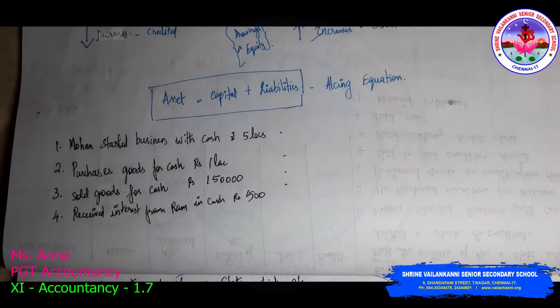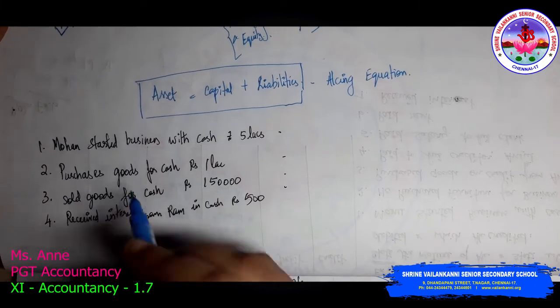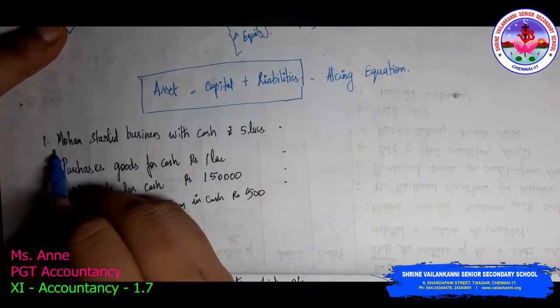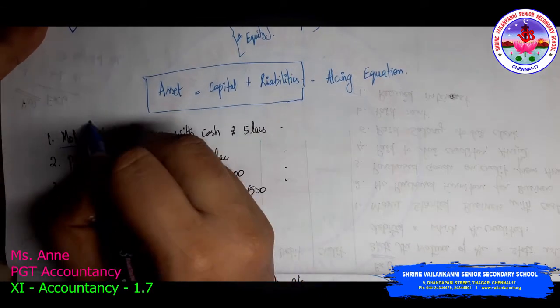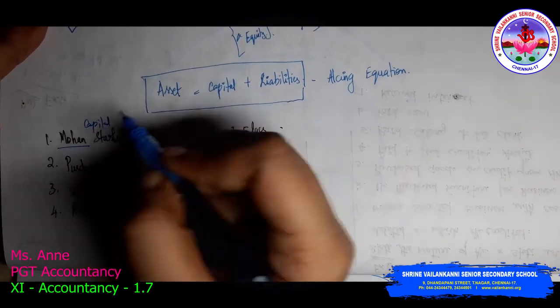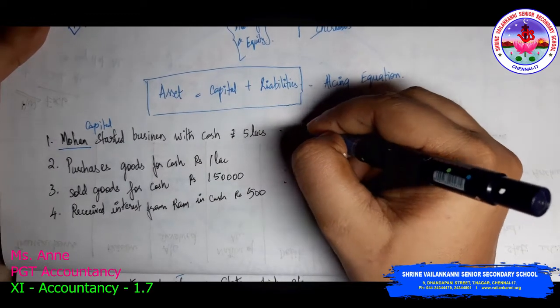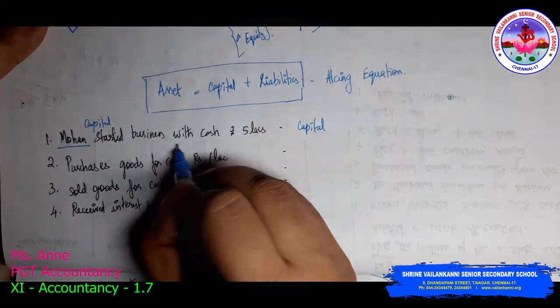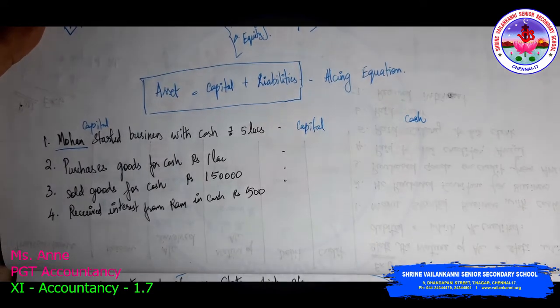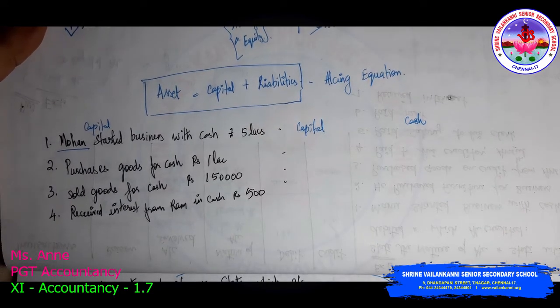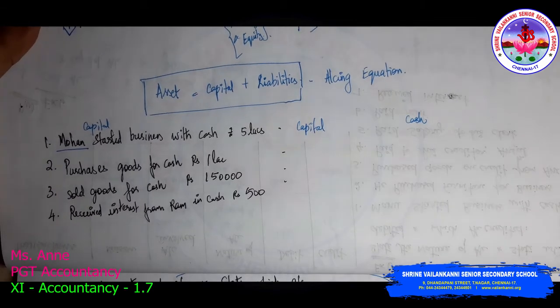Now the two accounts that we have to identify here are: Mohan, who is contributing to our business, so it is called capital, and he is contributing with cash. So capital and cash are the two accounts. Now, does capital increase or decrease?